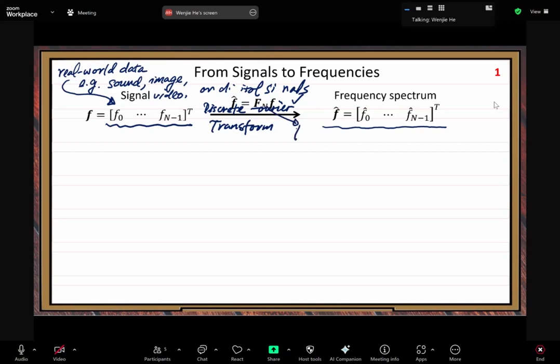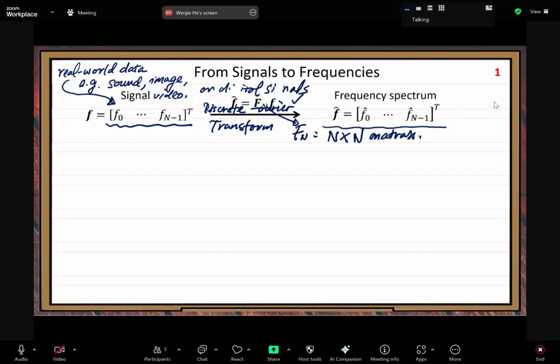This capital Fn is an n by n square matrix, and the definition we saw last time. We can write out all the entries of that matrix.